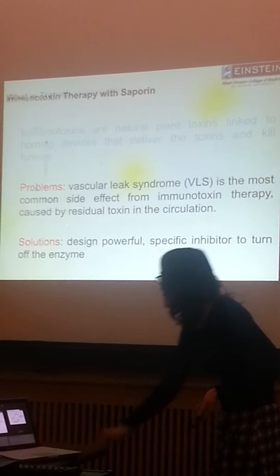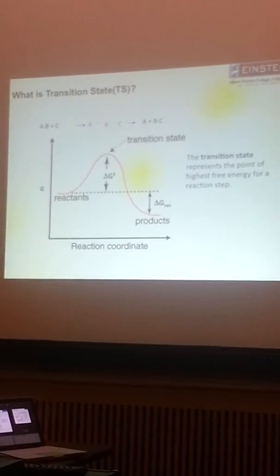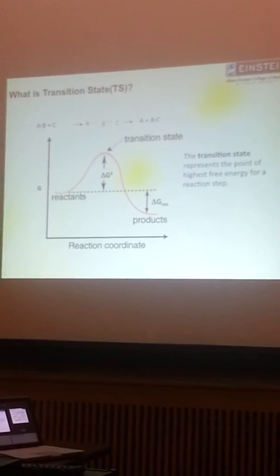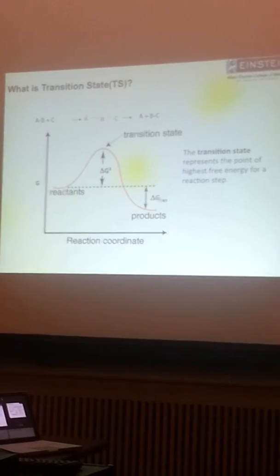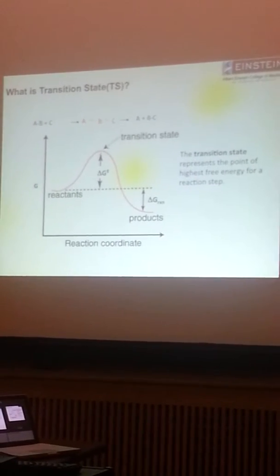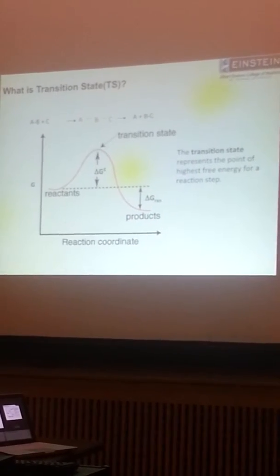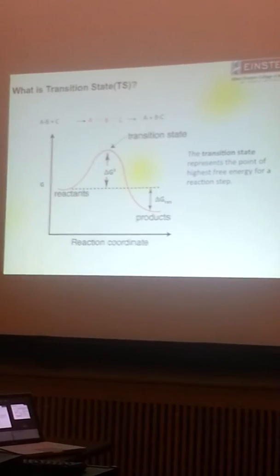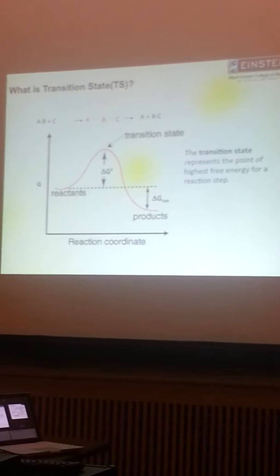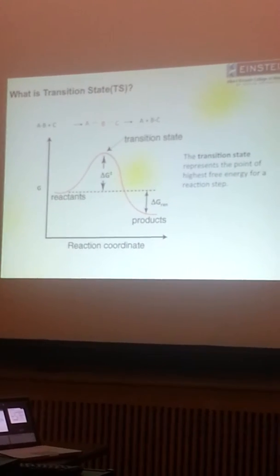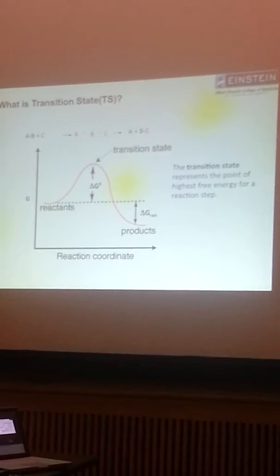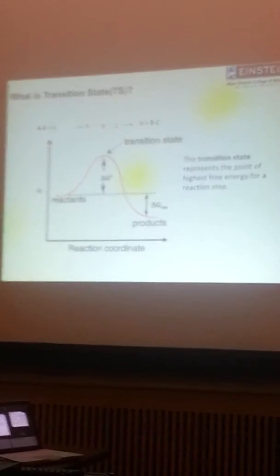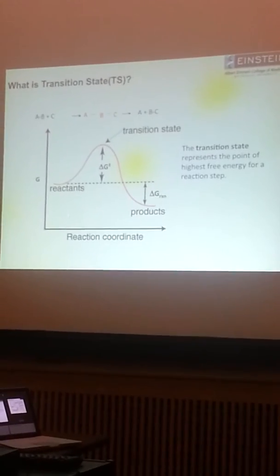First, let me explain what the transition state is. In a reaction, the reactant needs to cross a barrier to form the product. The transition state is the step in which the new bond is forming and the old bond is cleaving, and it represents the point of highest free energy in the reaction.